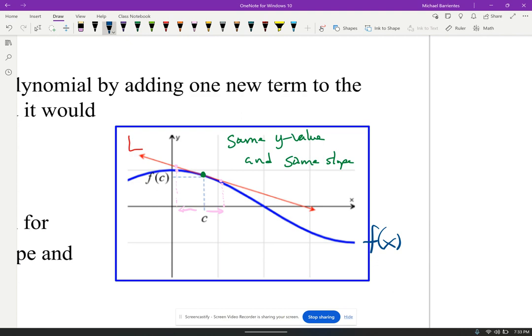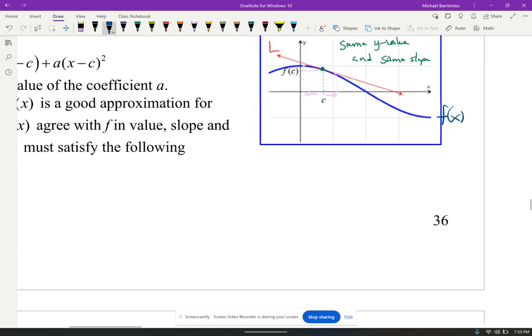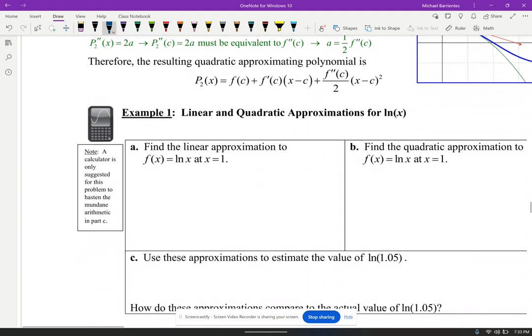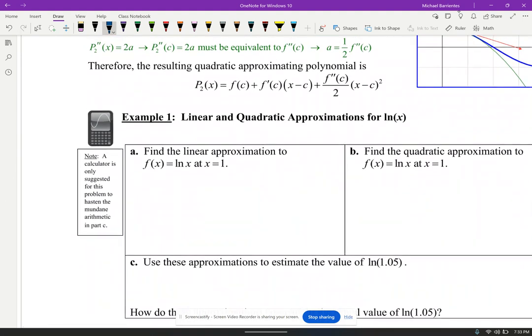And so we'll do a quick example here. In example one, they want us to find a linear approximation to this function at x equals 1. We can do that because we can find the slope formula, the derivative of natural log is 1 over x, and we can find the slope at 1, that's 1, so this is my slope.